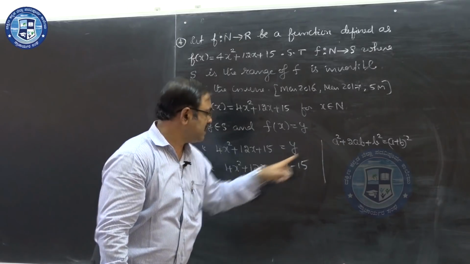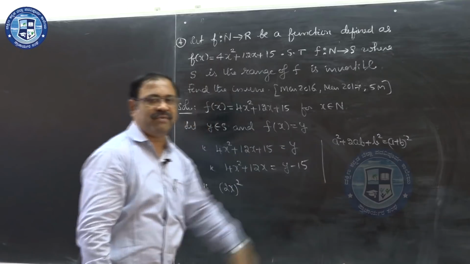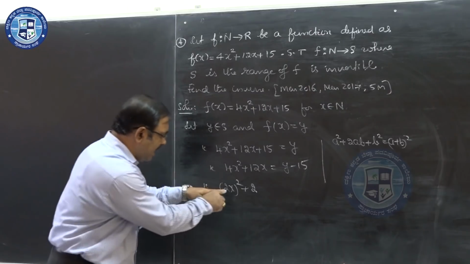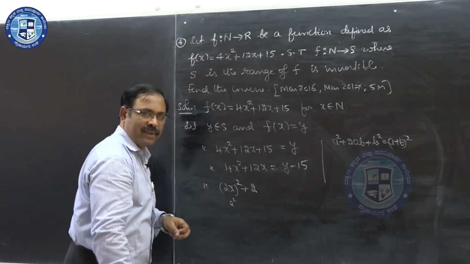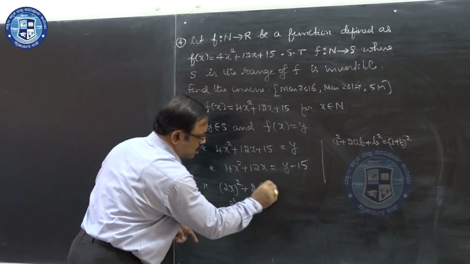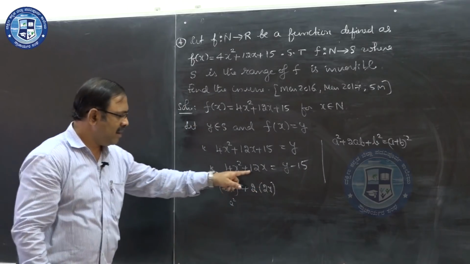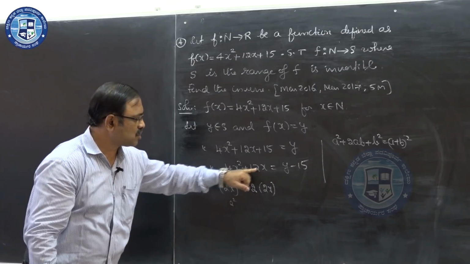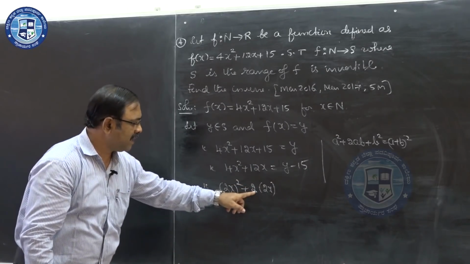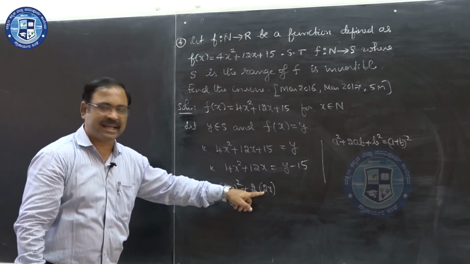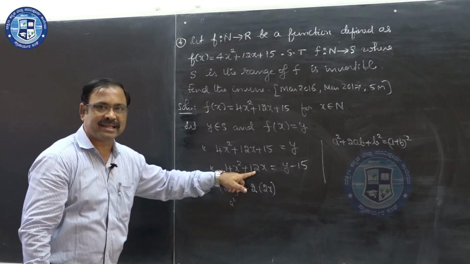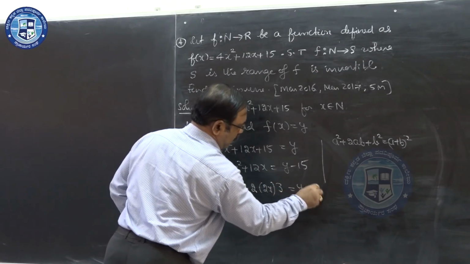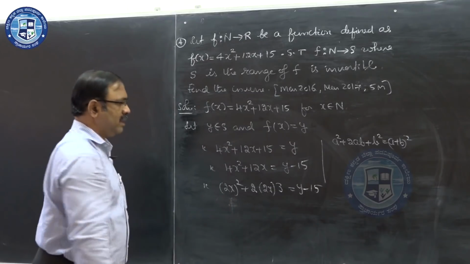Now you try to get this in the 2ab form. This is a square. What is a? a is 2x. The total term given is 12x. Now 2 into 2 is 4x, and 4x into how much is 12x? 3.